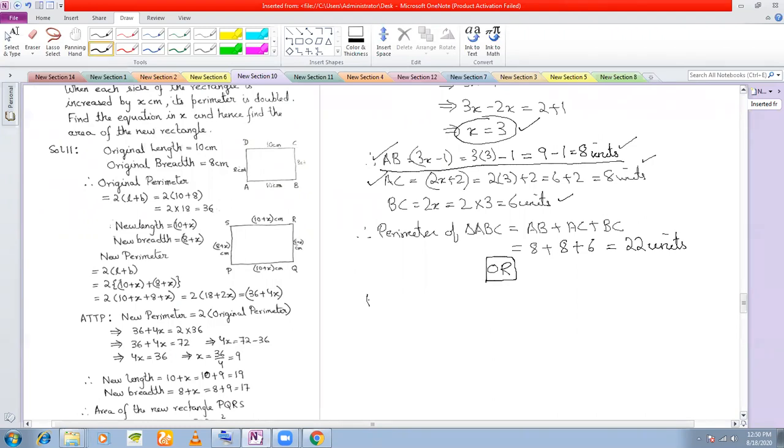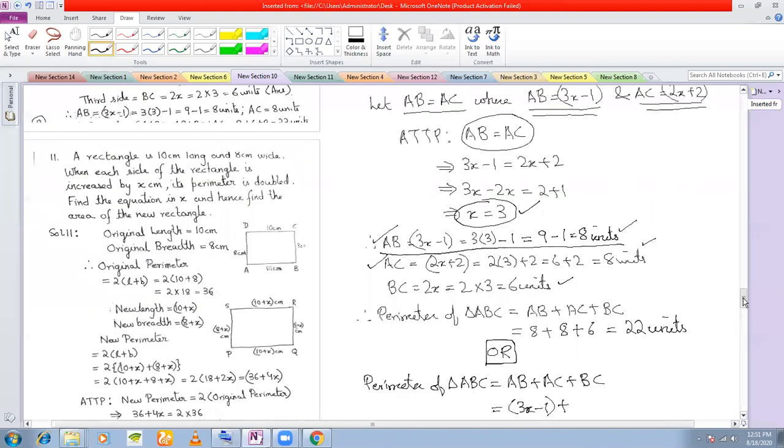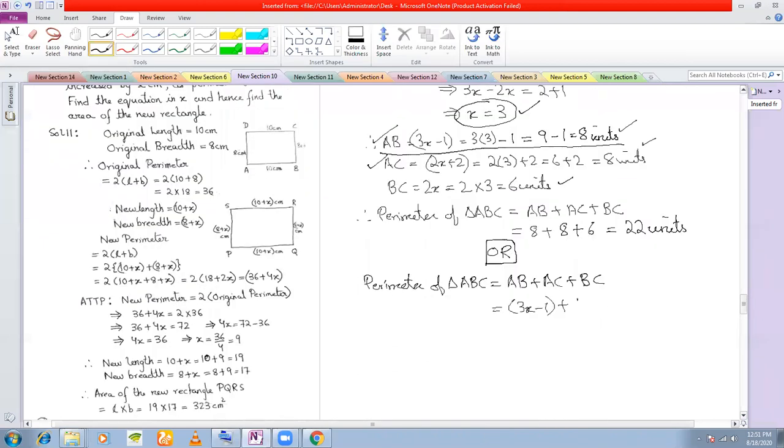you can directly write perimeter of triangle ABC is equal to AB plus AC plus BC. And what is AB? AB is 3x minus 1. AC is 2x plus 2.